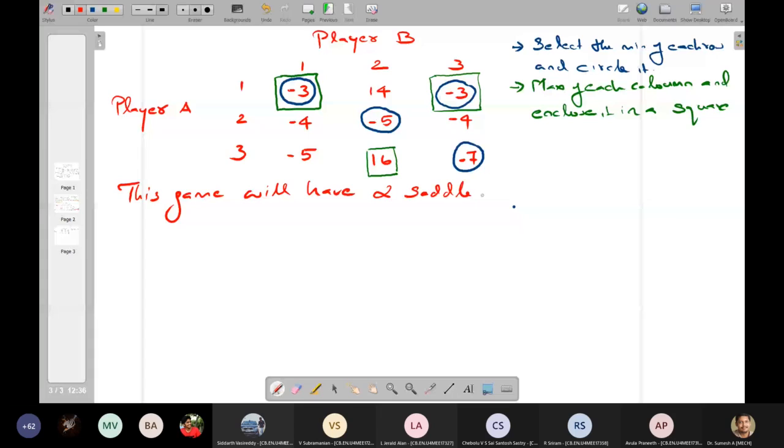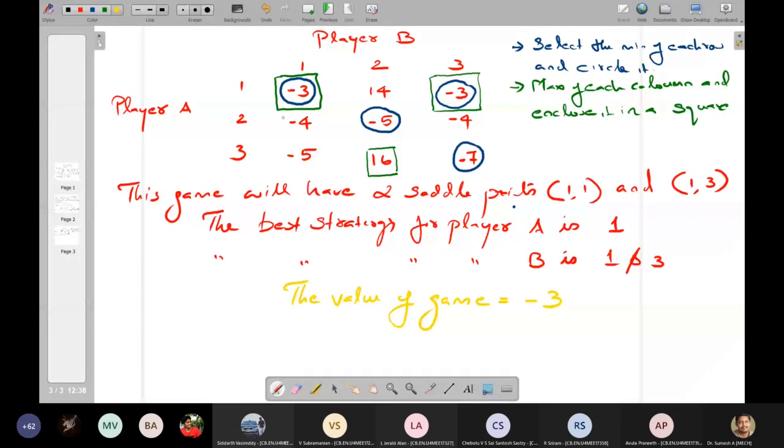You are finding which strategy is best for you, and which strategy is best for your opponent. These are all the information you are identifying from the game theory.